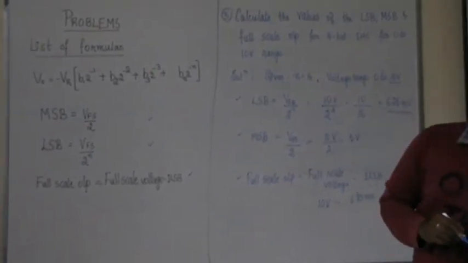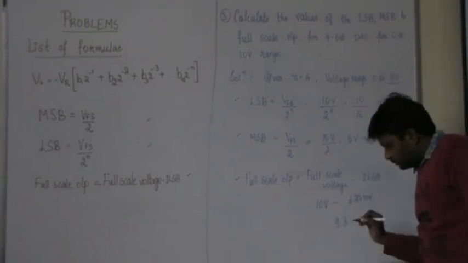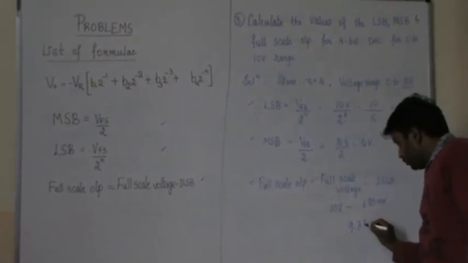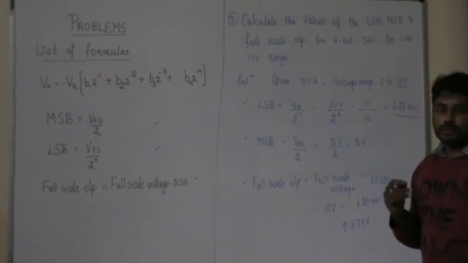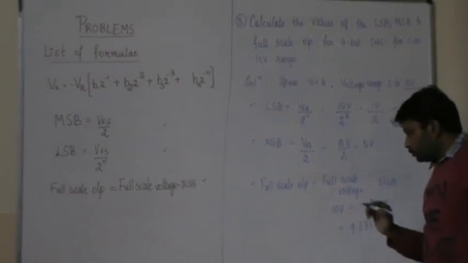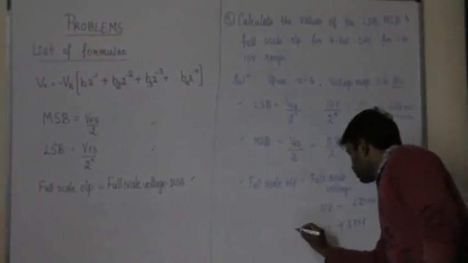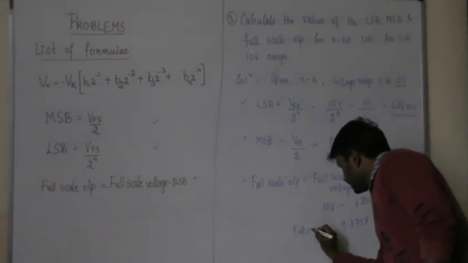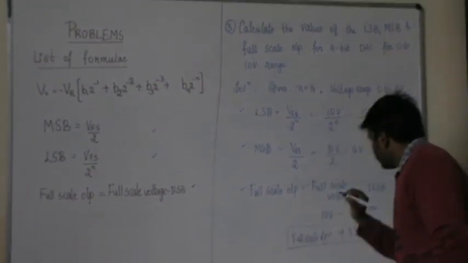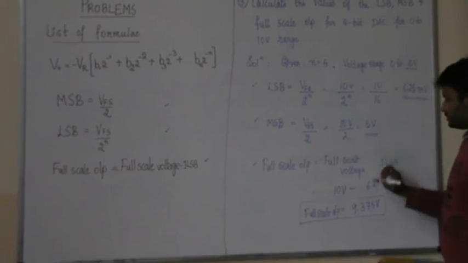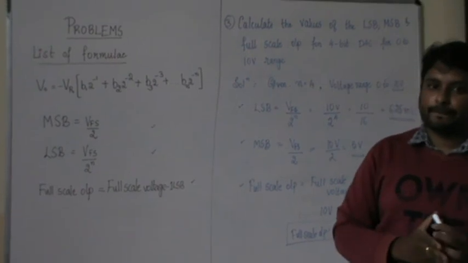So the answer you will get here is 9.375 volts. I am not using the calculator, I am directly taking the answer from the book that I have solved. You have to use the calculator and then keep the answer, because sometimes I may be wrong. Full scale output. And don't forget to keep the answers highlighted. I hope you are clear with this problem. Copy down.